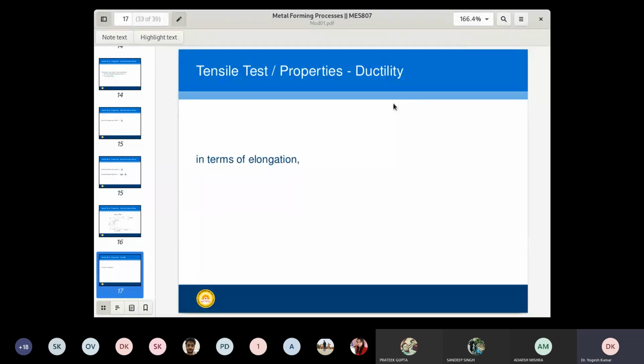Another property is ductility. You might remember that ductility is most commonly defined as the ability of a metal to plastically deform easily upon the application of a tensile force, without breaking or fracturing.